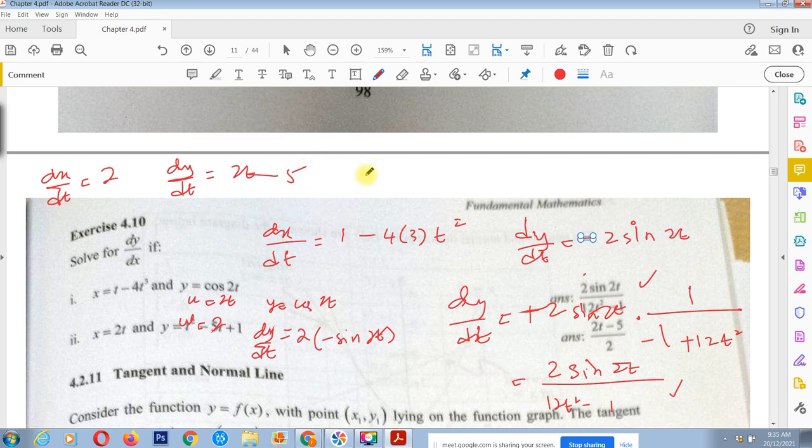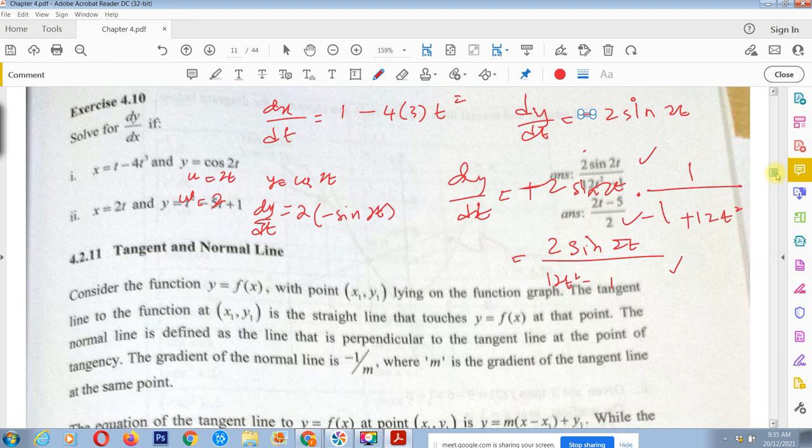So dy/dx equals 2t minus 5 times 1 over 2. So we get (2t minus 5) over 2. Okay.